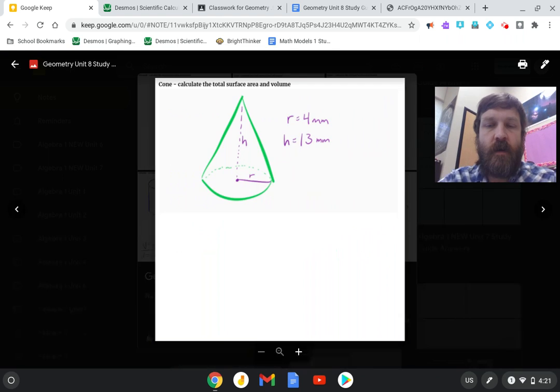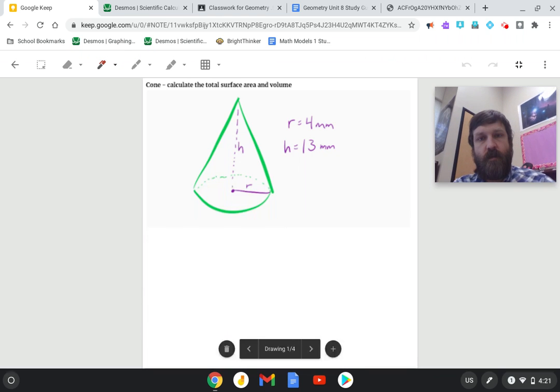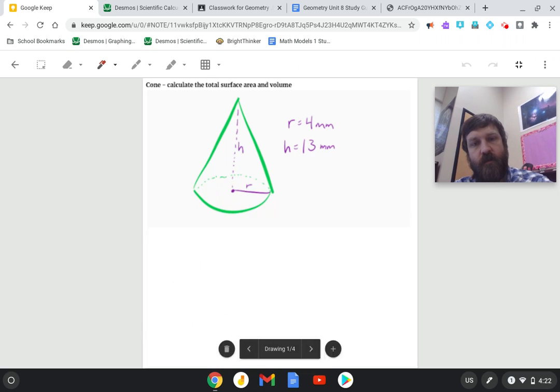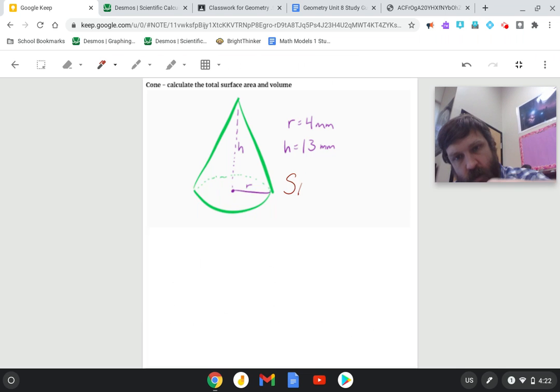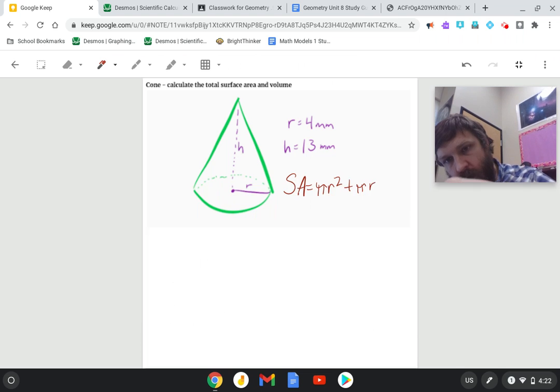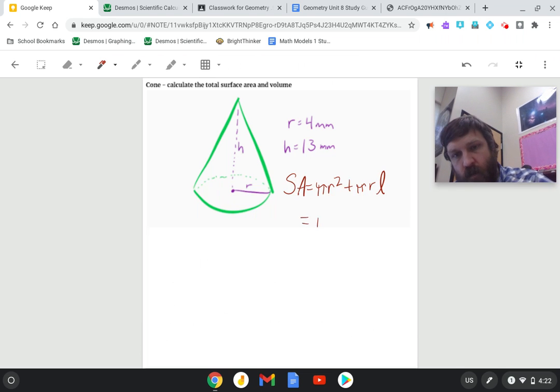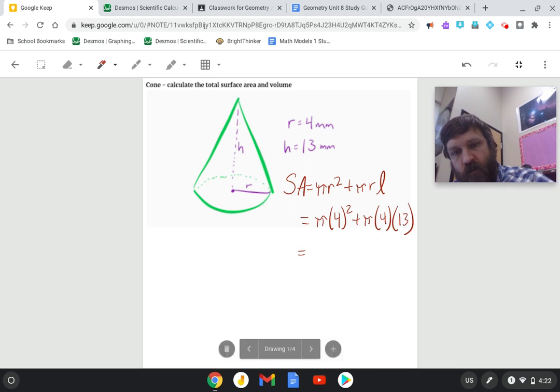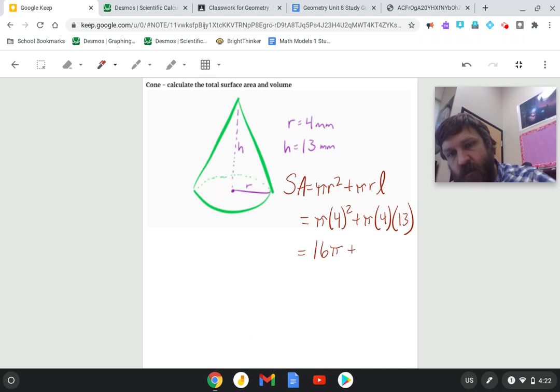Let's look at our cone next. Cones have their own formulas as well. See them right here. Pi r squared plus pi rl is the surface area formula. So pi, and then our r is 4, so it's going to be 4 squared plus pi times 4 times 13. 4 squared is 16 pi. 4 times 13 is 52 pi.